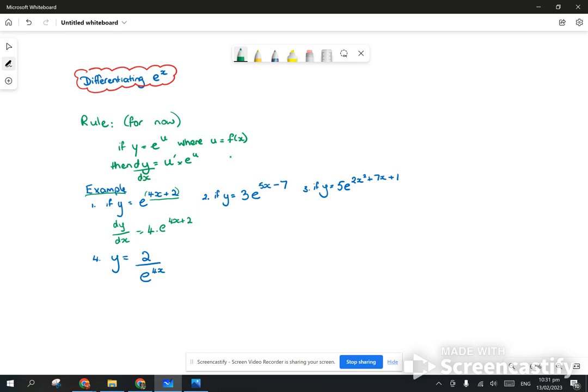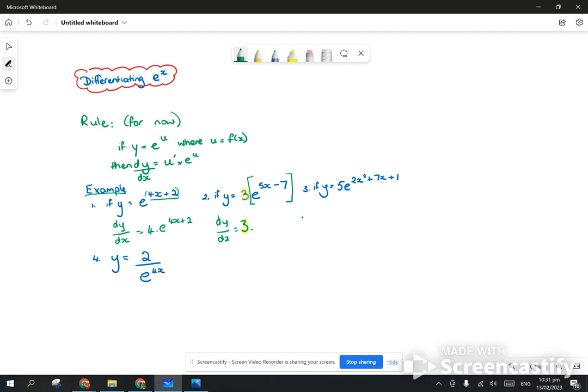Doing number 2, you've got dy/dx. The 3 here just stays where it is, so we're treating it like a constant. Then we're trying to derive this part here.